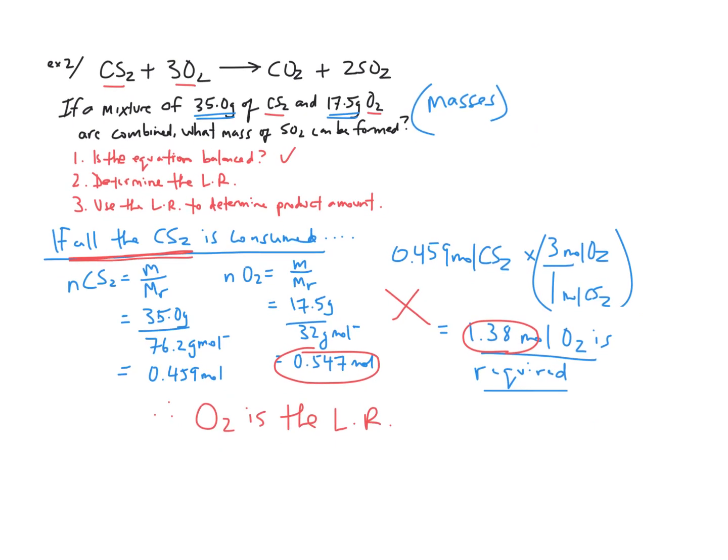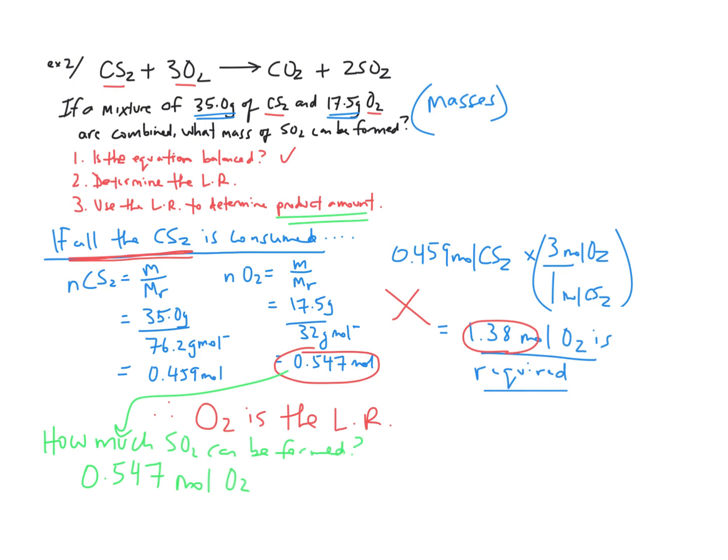Now let's use all those moles of oxygen, 0.547 moles, and answer this third part. How much product is actually created? Which product are we after? We're after SO2. How much SO2 can be formed?